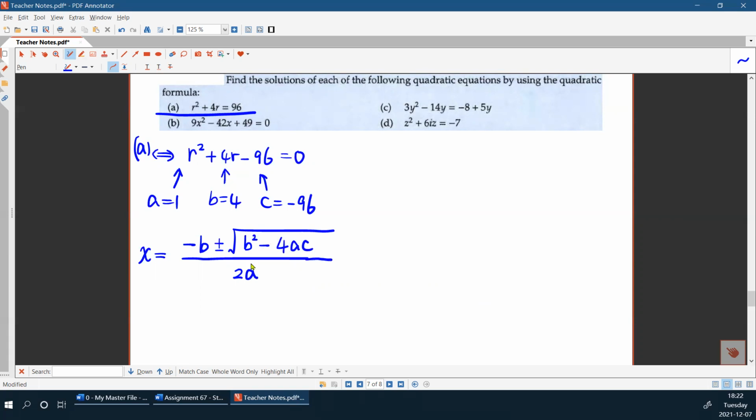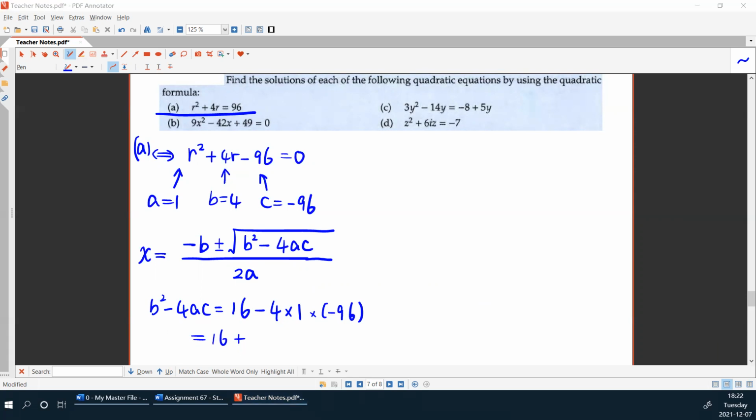So usually we'll find b squared minus 4ac first. The b squared minus 4ac is 16 minus 4 times a, which is 1, times c, which is minus 96. And this is 16 plus 4 by 96, which is 384.